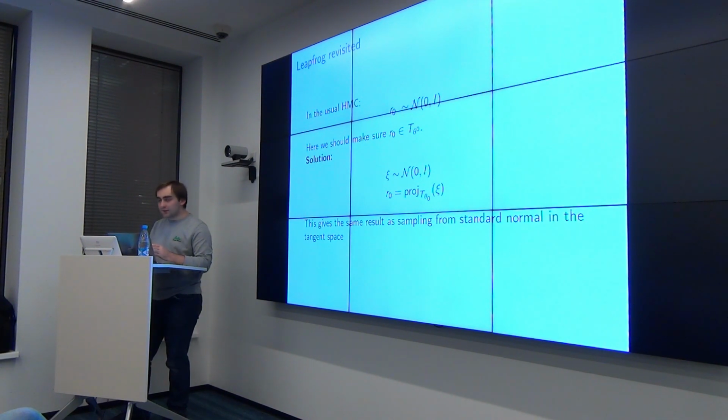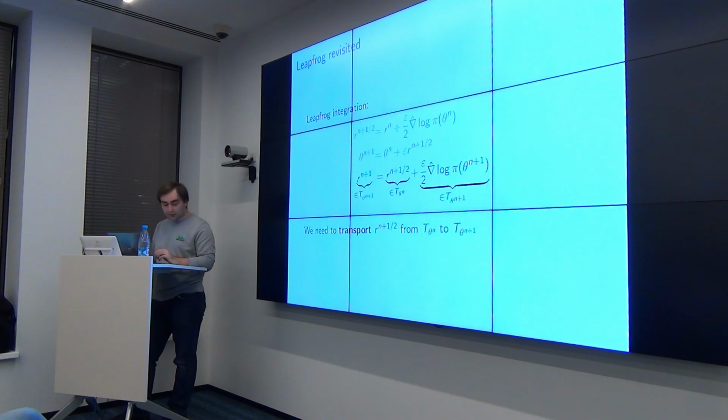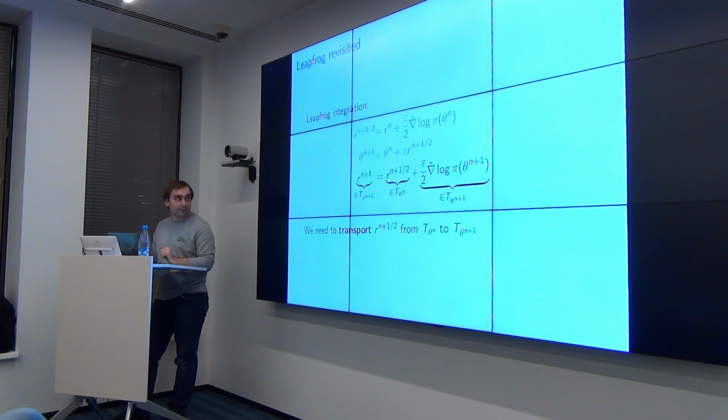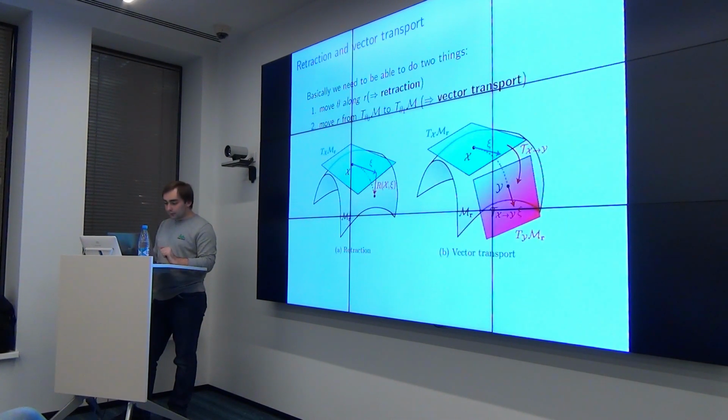And actually it gives the same result as if we sampled from the standard normal in the tangent space and then computed how does this vector look in the bigger space. Okay, so we fixed almost everything except that we don't know how to update theta and how to transport r. There are such operations in Riemannian geometry.